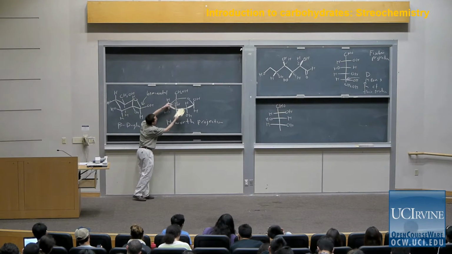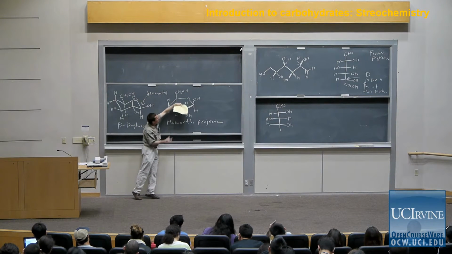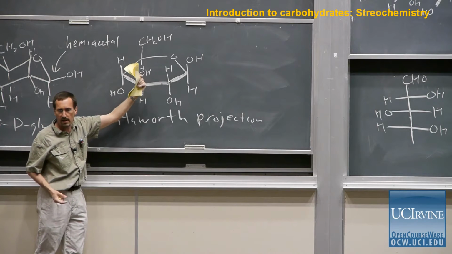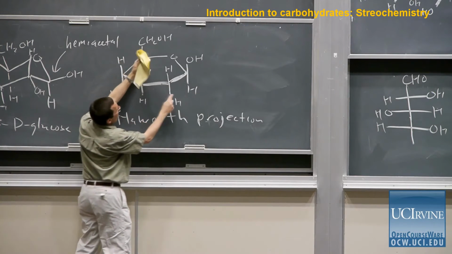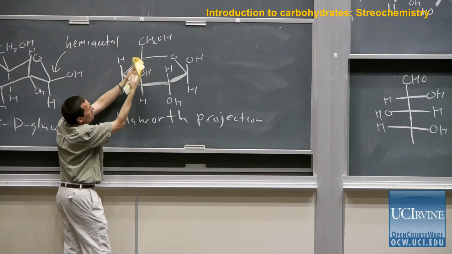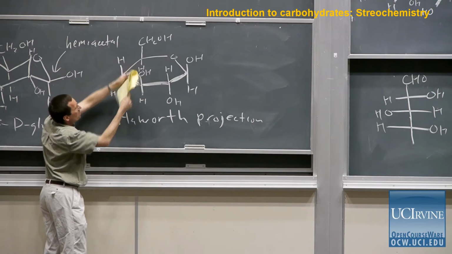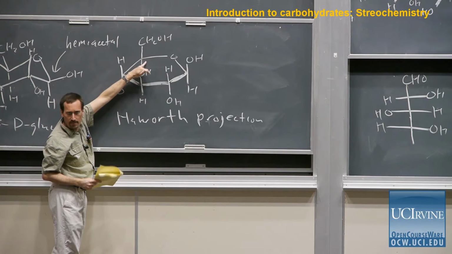Remember, I've picked up this ring. We're curving back on ourselves. We've picked up this ring. It's like this. I brought it like this. So we have this high OH over here, this second OH, the one at the 3 position here, the one at the 4 position over there. Now we come to the 5 position.